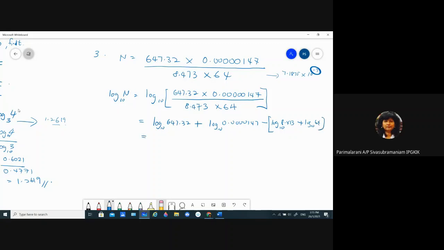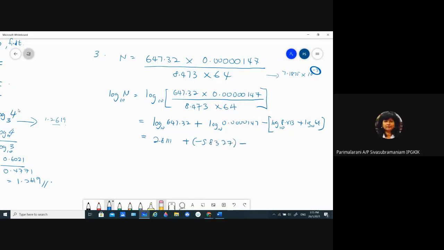So now you use your calculator, take log and tell me what is the value for log 647.32. 2.8111. All right, plus the next one, minus 5.8327. Okay, correct.